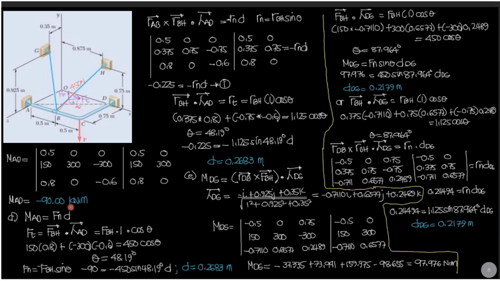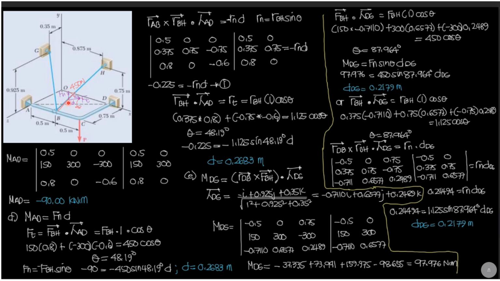So next, if we resolve the 450 newtons into two components, one parallel to axis AD, I'll call that F sub t. The other is perpendicular to axis AD, then only this perpendicular component has a moment about AD.